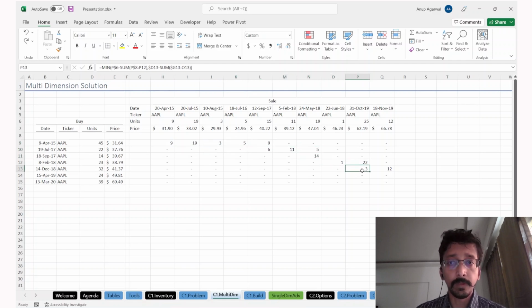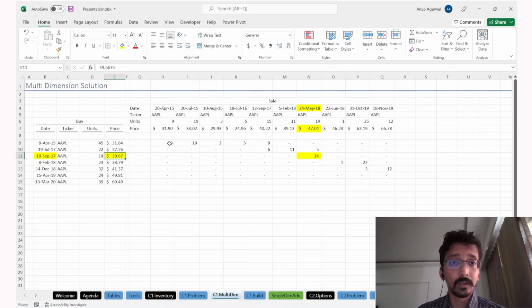And our table can very intelligently say, or not so intelligently, but with the help of Excel formulas, say that this 14 of sale is actually out of what you sold on 24th May for $47, and you had purchased these on 18th September for $39.